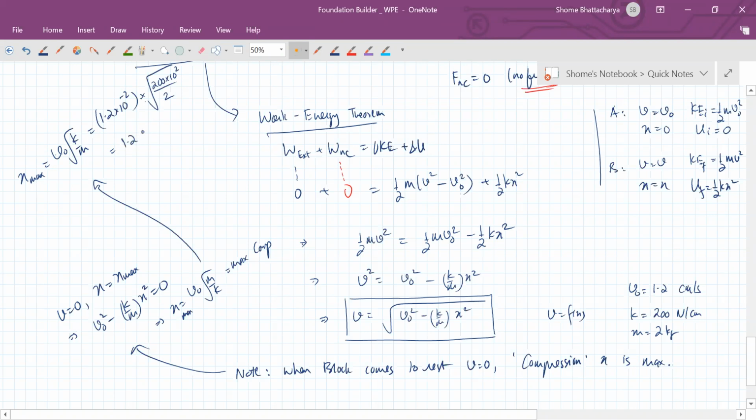So this will become 1.2 into 10 raised power minus 2 into 10 raised power 2. So 1.2 meters. This will be the maximum compression of the spring. Spring will still have a huge amount of compression, and that is equal to 1.2 meters.